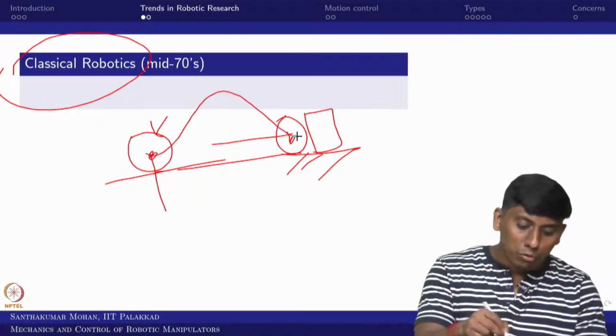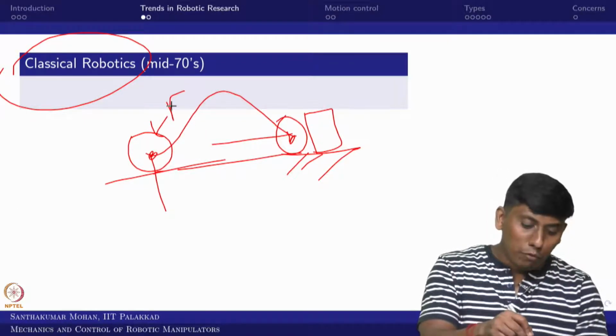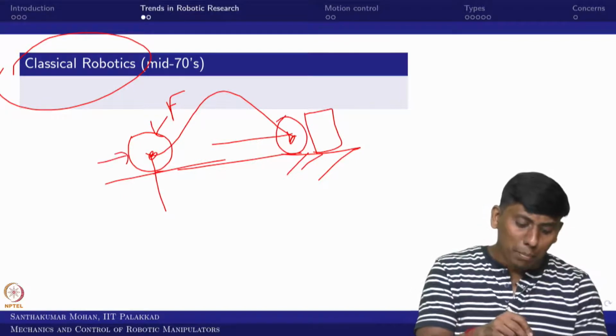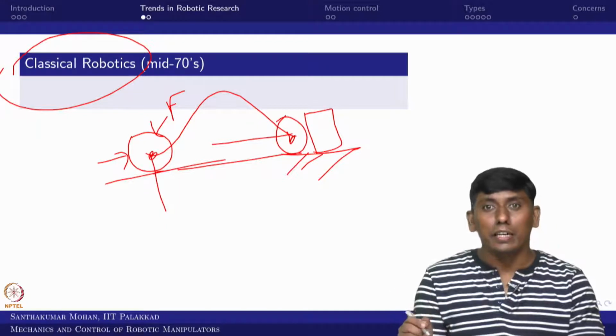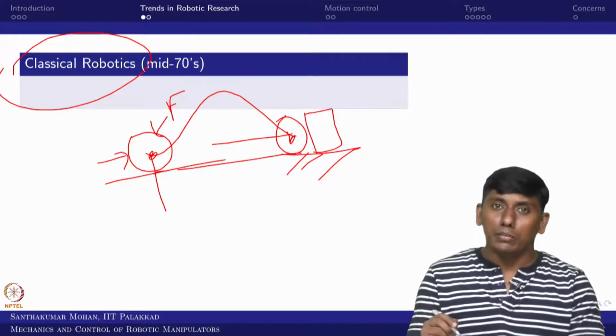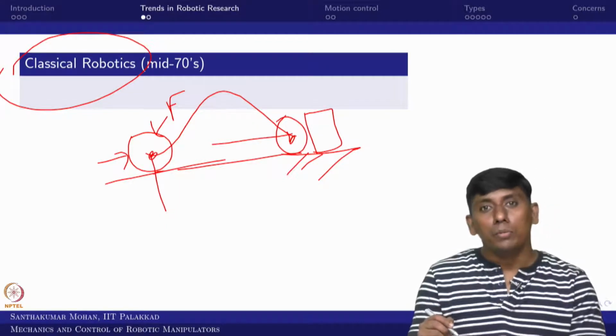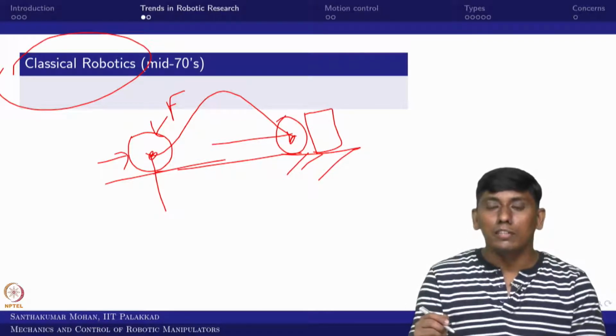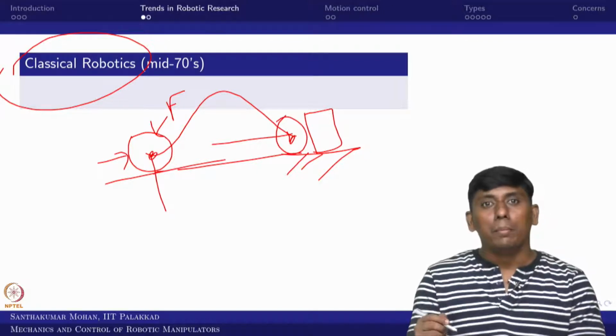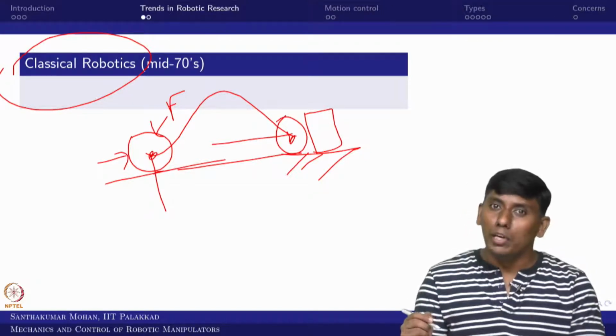I make it a smooth profile, then I can calculate this force. I continuously apply the force so that the system is stopped. I am not checking any feedback. So this is purely based on the model, right? If a small perturbation is there in the model, this may not work. But in earlier days, people depended purely on this.